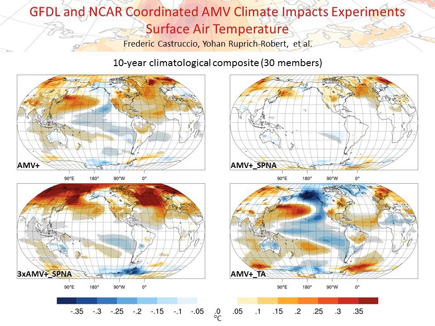I just wanted to highlight a GFDL NCAR coordinated effort. This is led by GFDL, and we are doing correspondingly similar experiments both here at NCAR and at GFDL. The goal is looking at the climate impacts of the sea surface temperatures associated with the Atlantic multidecadal variability. These are short integrations, but we have lots of ensemble members.